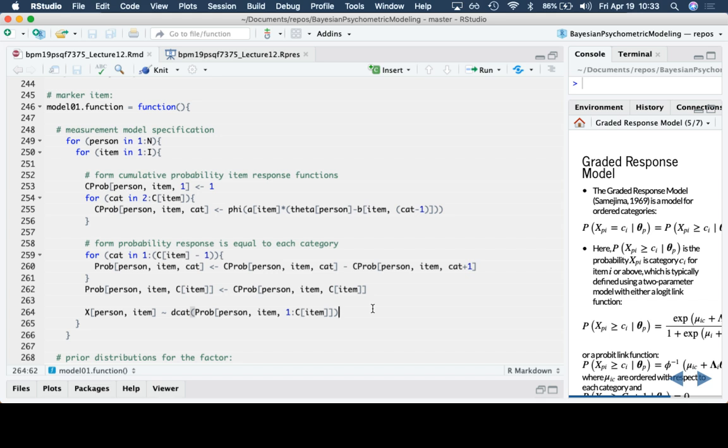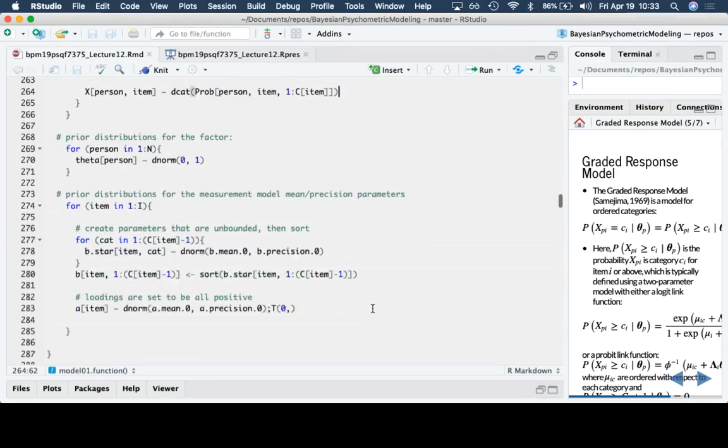So I wasn't following your sorting code there. You've got B star called item and cat. So item 1, category 1 is going to pull for that. But how does the sort function ensure that the B star pulled for item 1, category 1 corresponds to the first category? What happens in JAGS, the thing that is driving me nuts also, is that you have to express the limits of the vector. So what it's doing here is this is 1 colon the number of categories minus 1. 1 through, yeah.